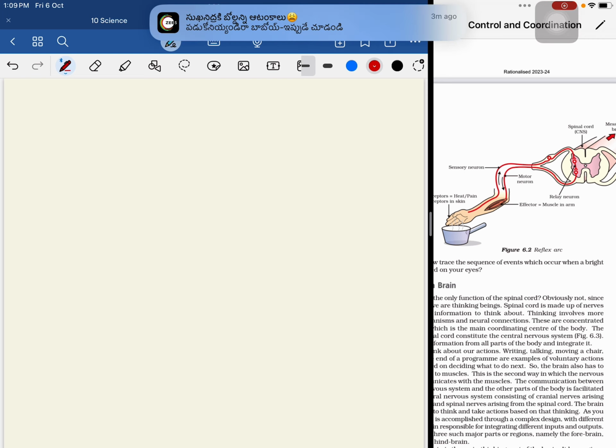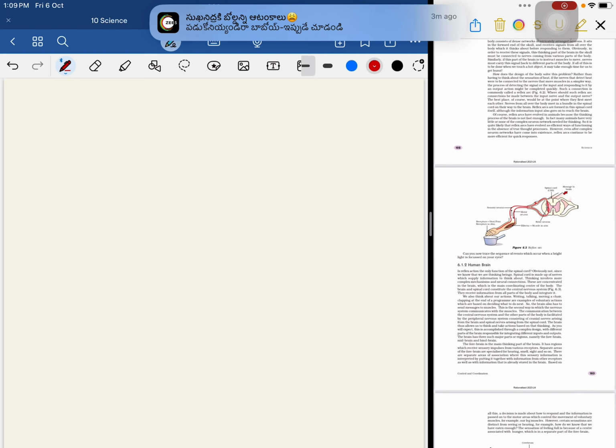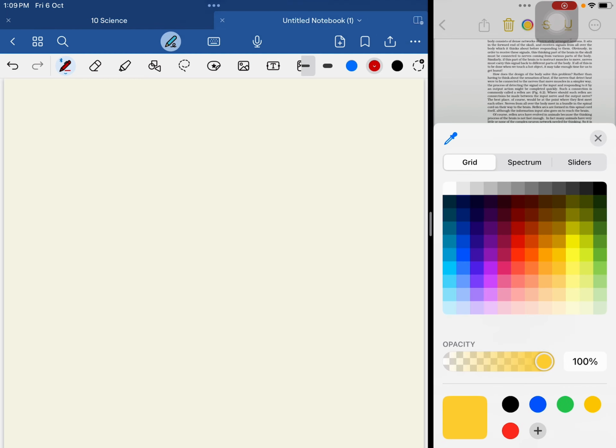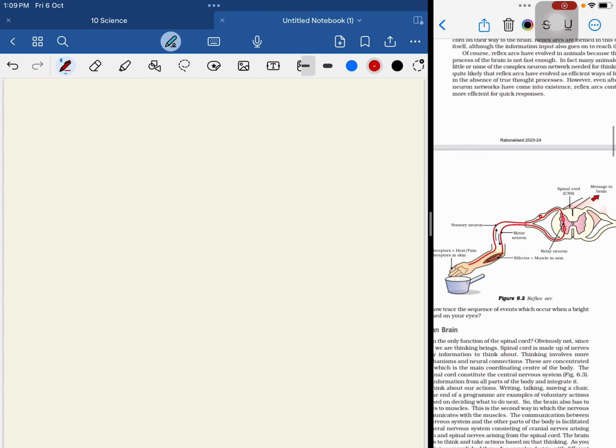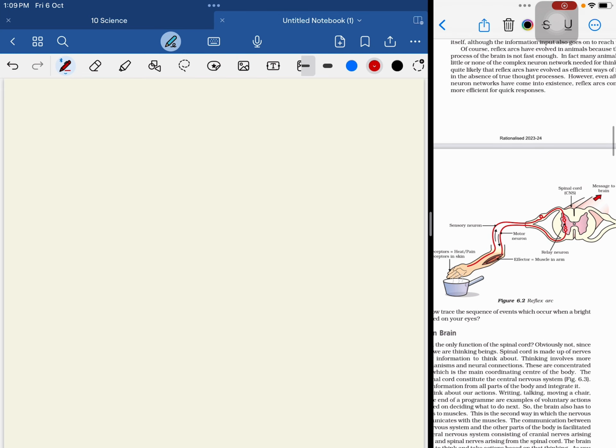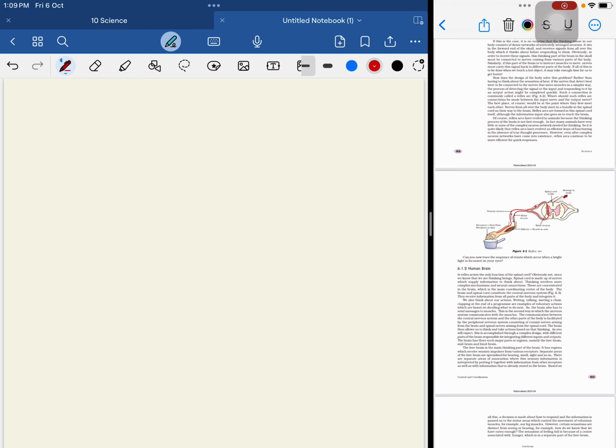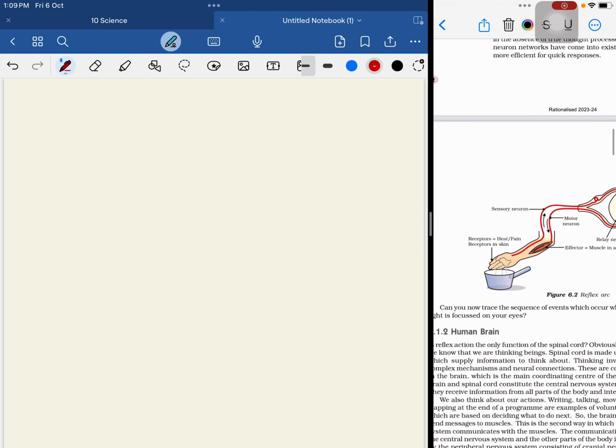Whenever mom has given you a coffee, you took it with your hand. The receptors are present here.